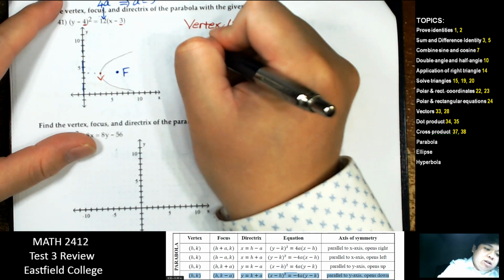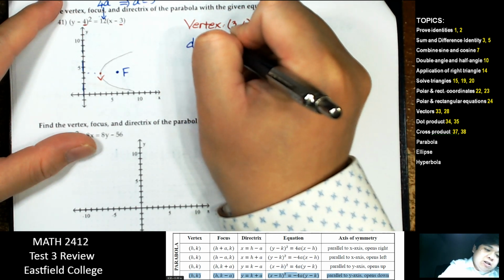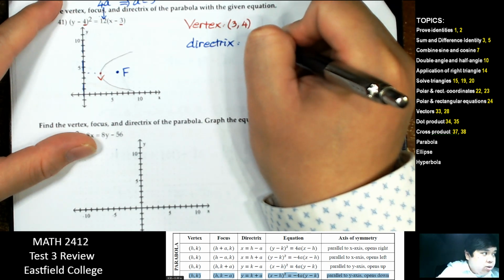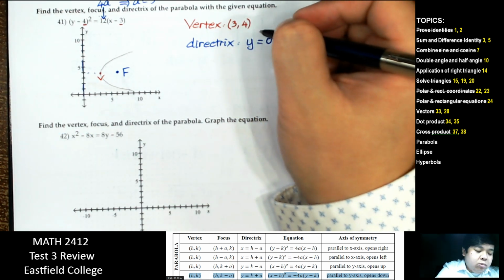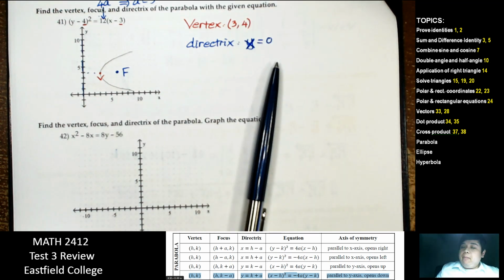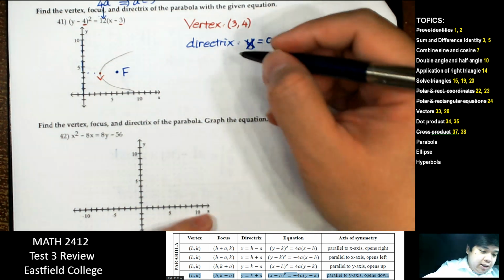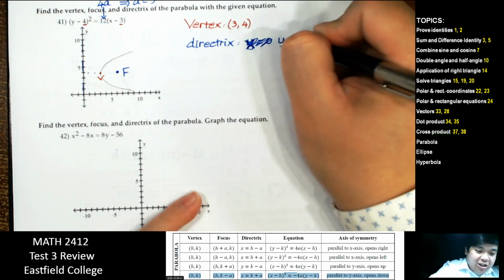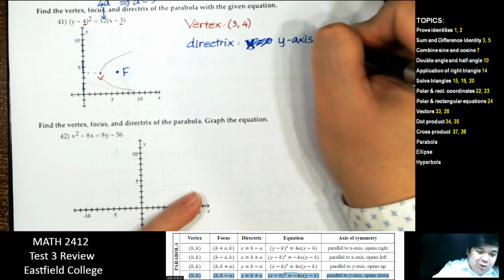So we have the directrix, sorry, x equal to 0, since that is the vertical line. I should write the y-axis, or x equal to 0.